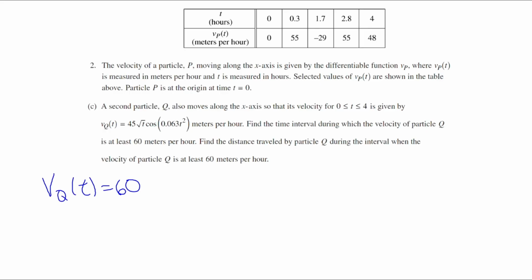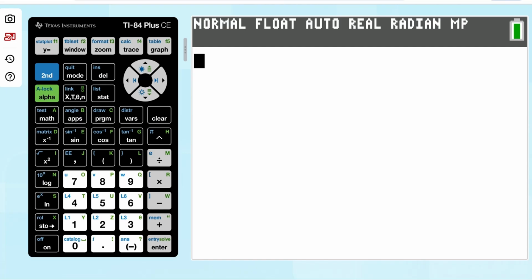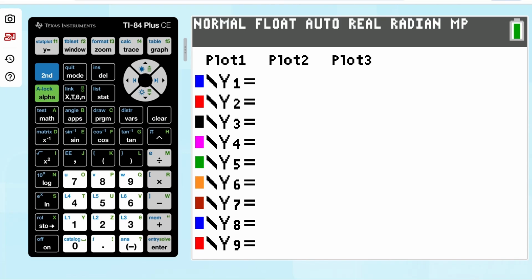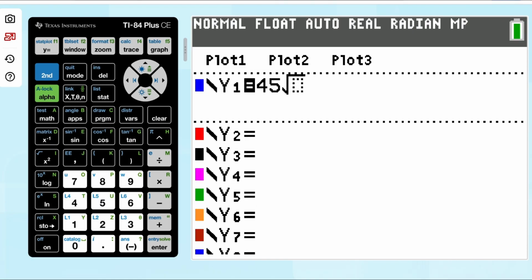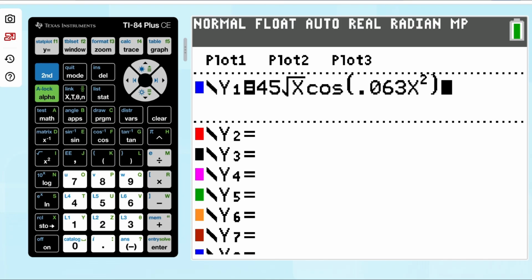So I'm going to go to my graphing calculator here, and we'll go into our y equals, and v sub q of t was 45 times the square root of t, so we'll use x, and then times the cosine of 0.063 x squared, and that's what we want to graph, minus 60, and we're talking about on the interval from 0 to 4.